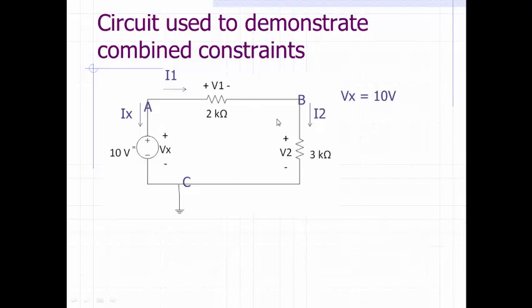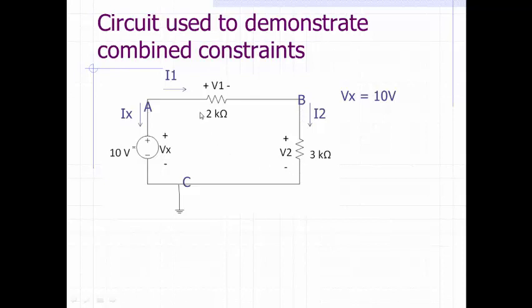First, we can use KVL because this is in series, so we have one loop over here. Based on KVL, you have V1 plus V2 minus Vx equal to 0. But the problem is, what is V1, what is V2? Now consider using Ohm's law. Assume the current that goes through this branch is I1 and through this branch is I2.